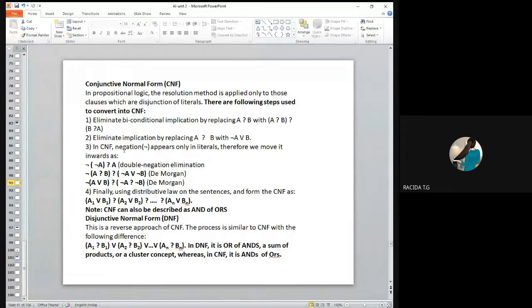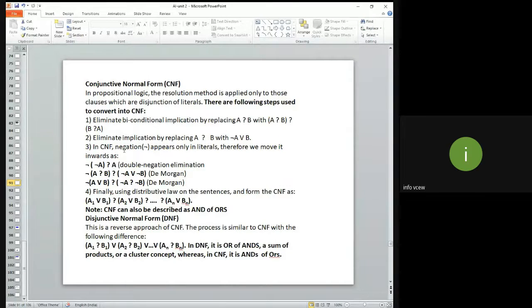Yes, ma'am. Okay, so in the conjunctive normal form, your expression will be defined in terms of AND of OR. For AND and OR, what symbols do we use? Union and intersection, do you remember? Yes, ma'am.